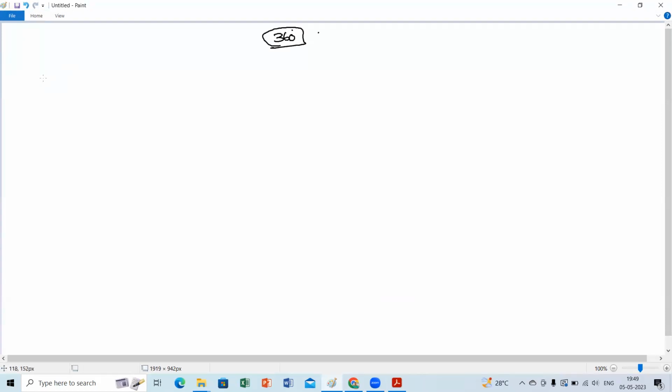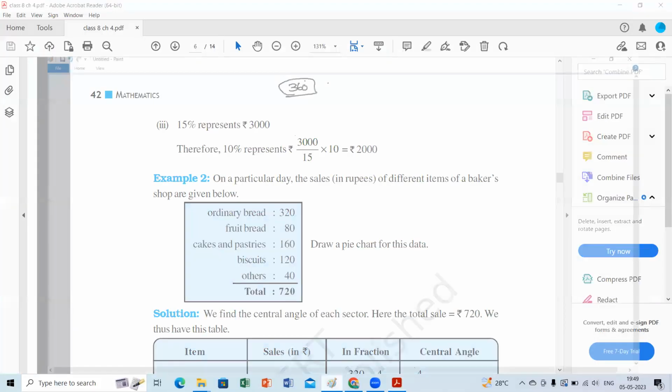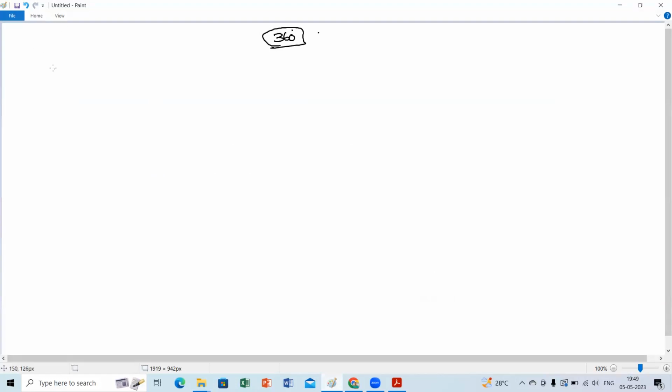Based on this, what is the first item? Ordinary bread, 320. So how will you get the fractional part, children?